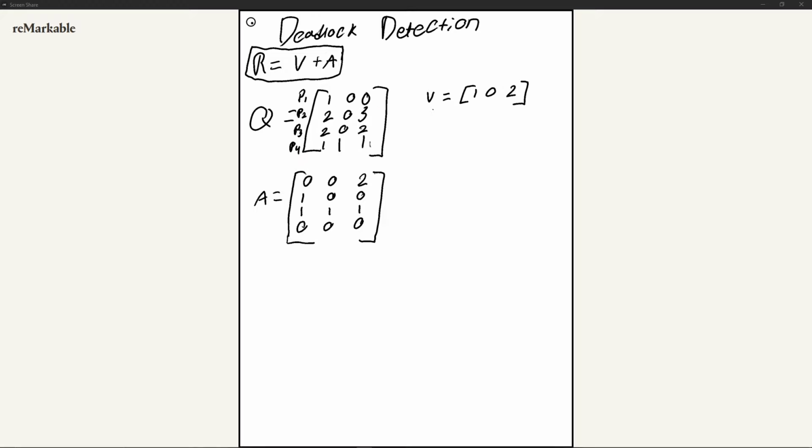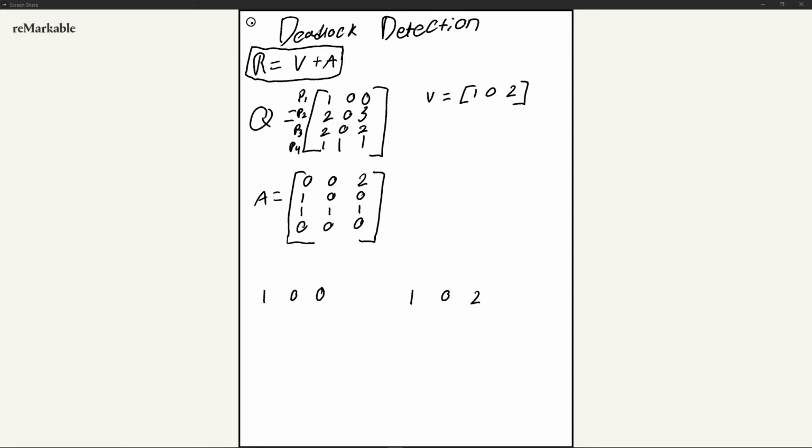Okay, so let's learn how to actually use the algorithm and solve this. There are a few ways you can do this, I learned, but the most simple way is in another review video in the Discord. You start by taking the first row, in our case 1, 0, 0, and you compare it to your V vector that you solved, whether you were given R or they just give you V. In this case, it's 1, 0, 2.